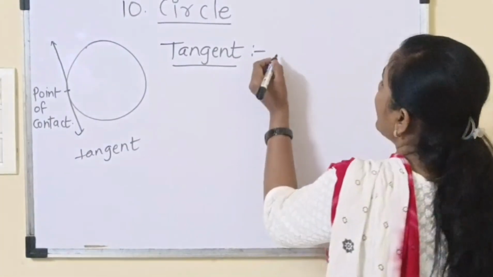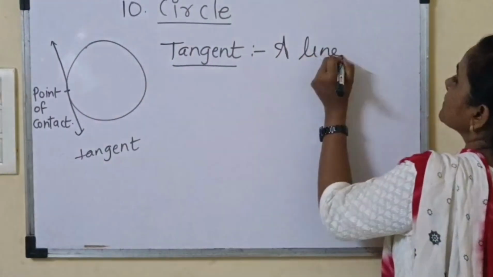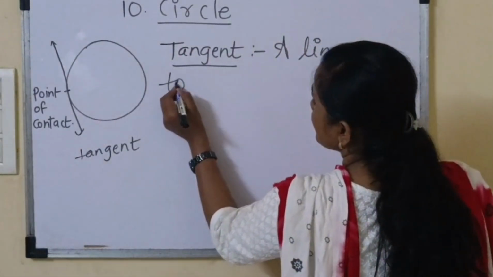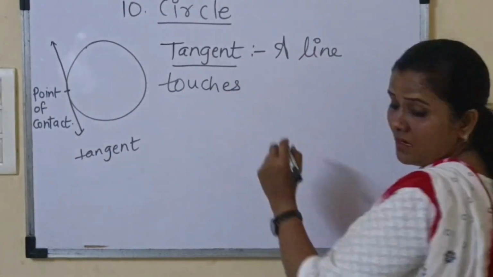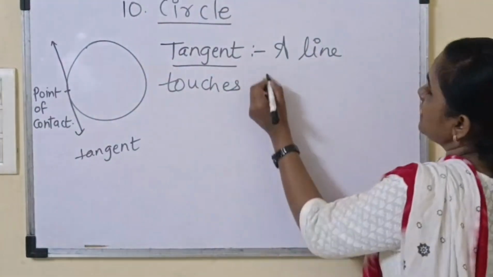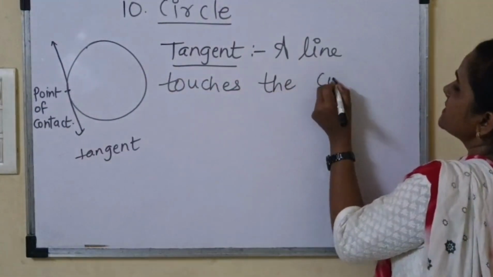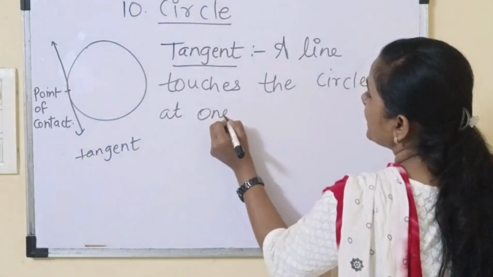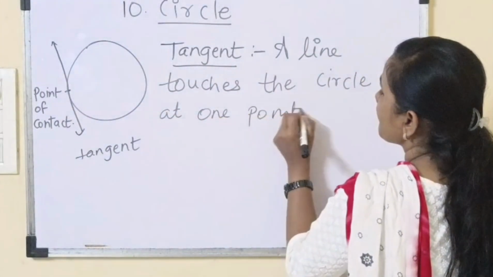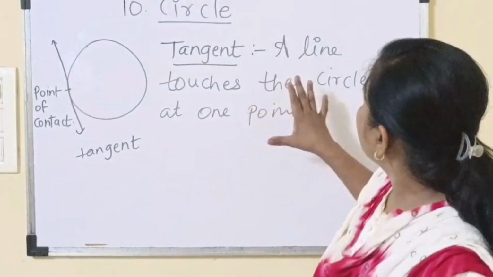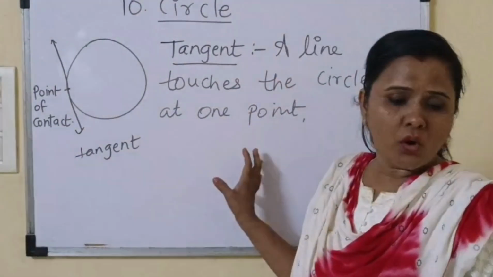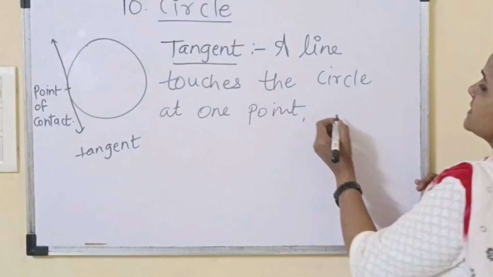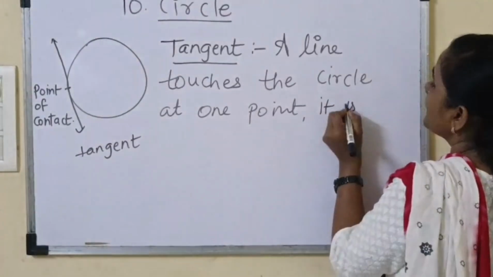So write down: a line touches the circle at one point, that is known as a tangent.